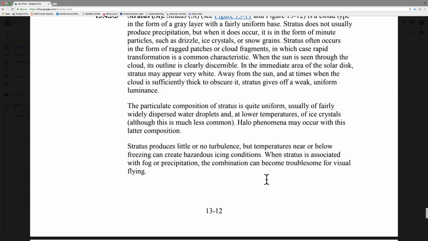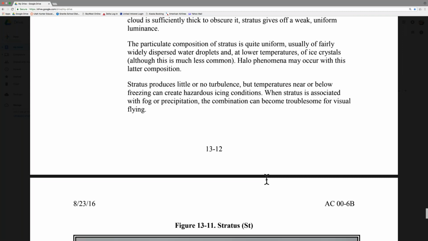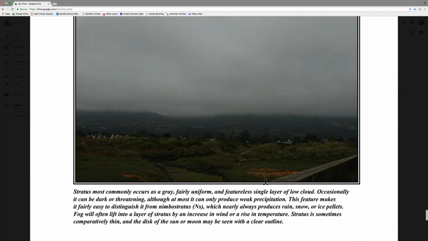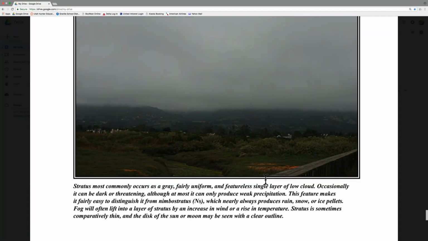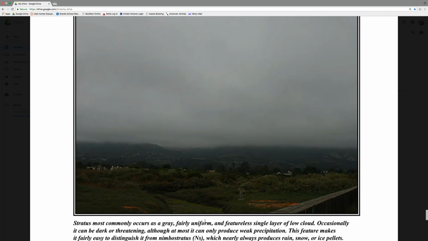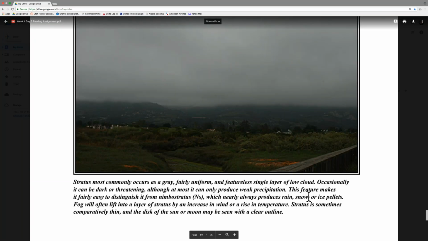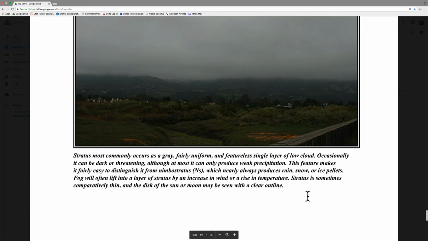And then, of course, stratus clouds occur as gray, fairly uniform, featureless single layer of low cloud.